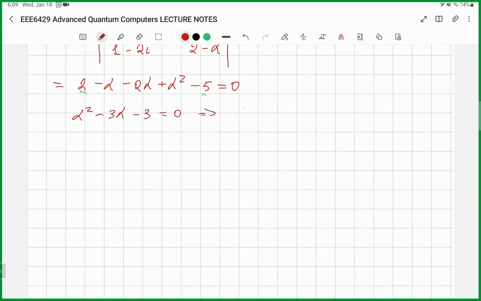And you see, the solutions of this quadratic equation were denoted by 1 and 2. Right, so it will be 3 plus minus square root of 21 over 2.